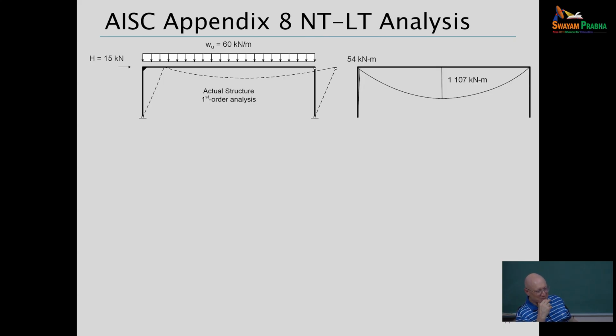You might be thinking of the second order effects. So here, let's walk through it. Because the right-hand column is a leaning column, it cannot develop any shear. Since it can't develop any shear, it can't develop any end moments. It's what we call in statics a two-force member, right? So whatever you do, the moment at the right-hand end of the beam is 0.